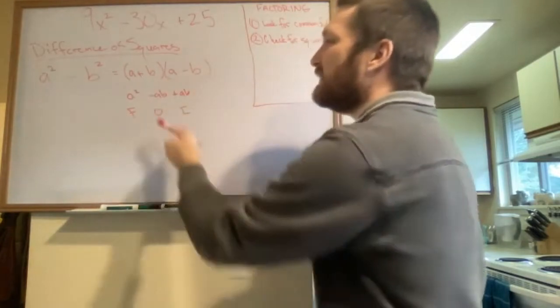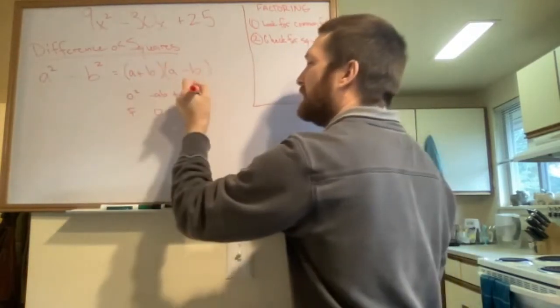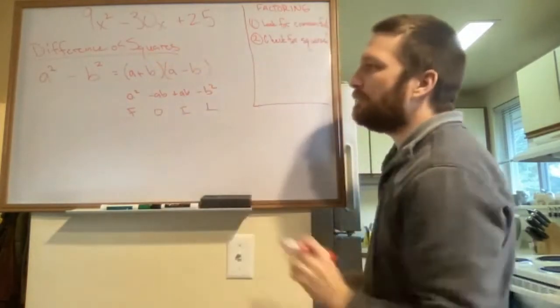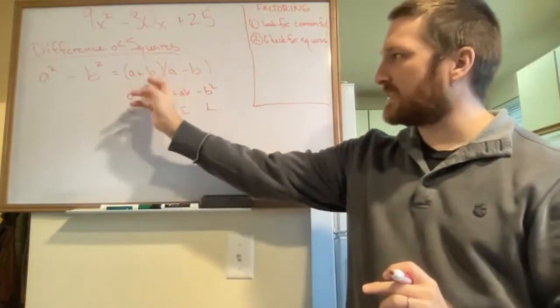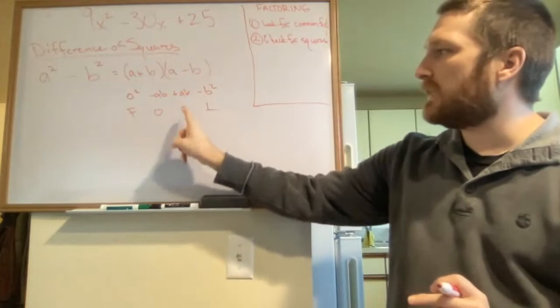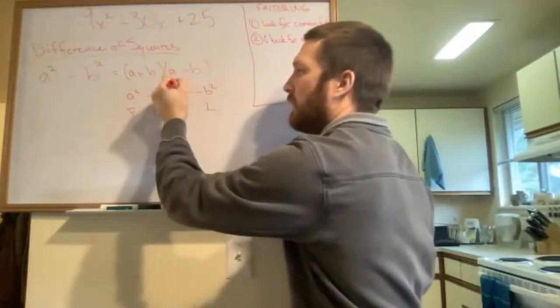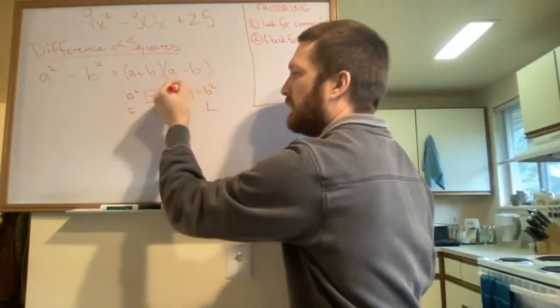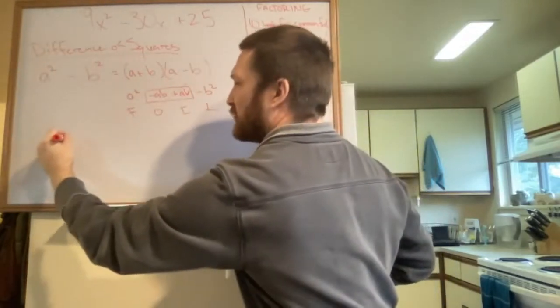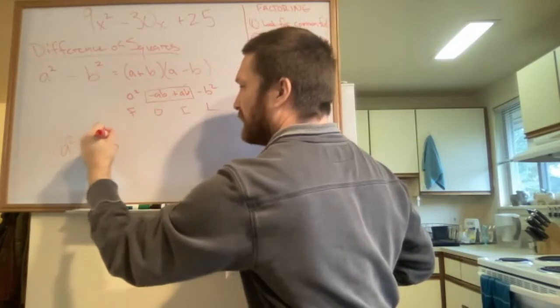My last gives me b times negative b, which is minus b squared. And because of this alternating sign, a minus and a plus, the outer and the inner always cancel out. And so we're just left with something squared minus something else squared.